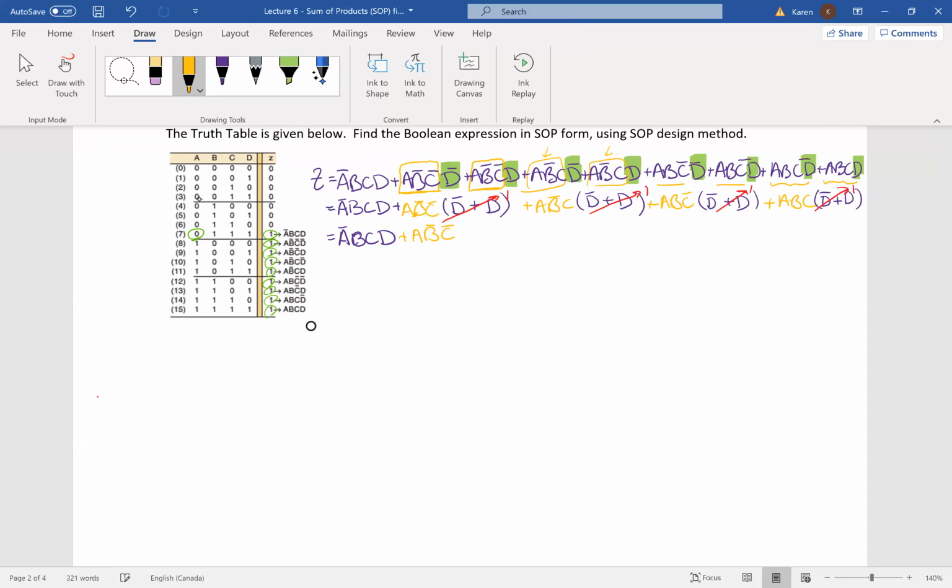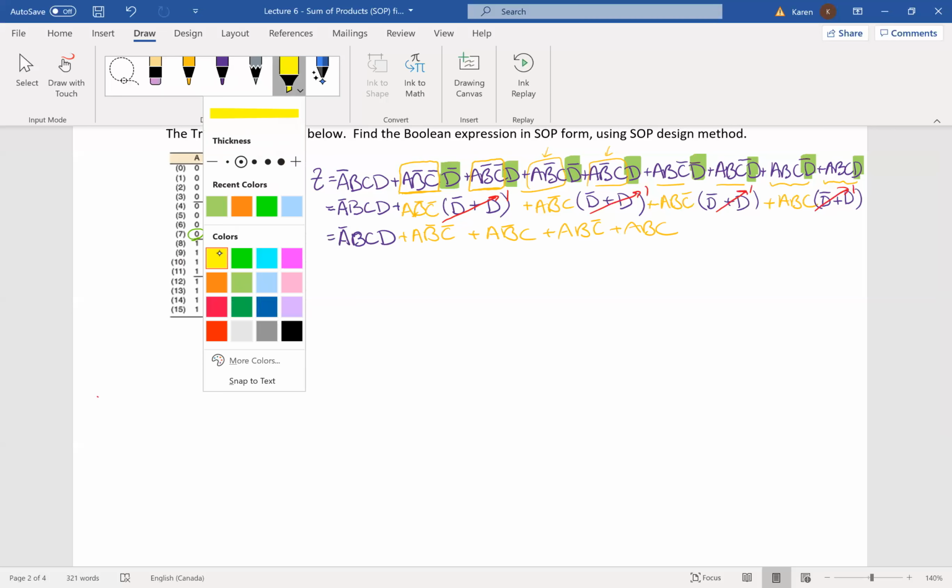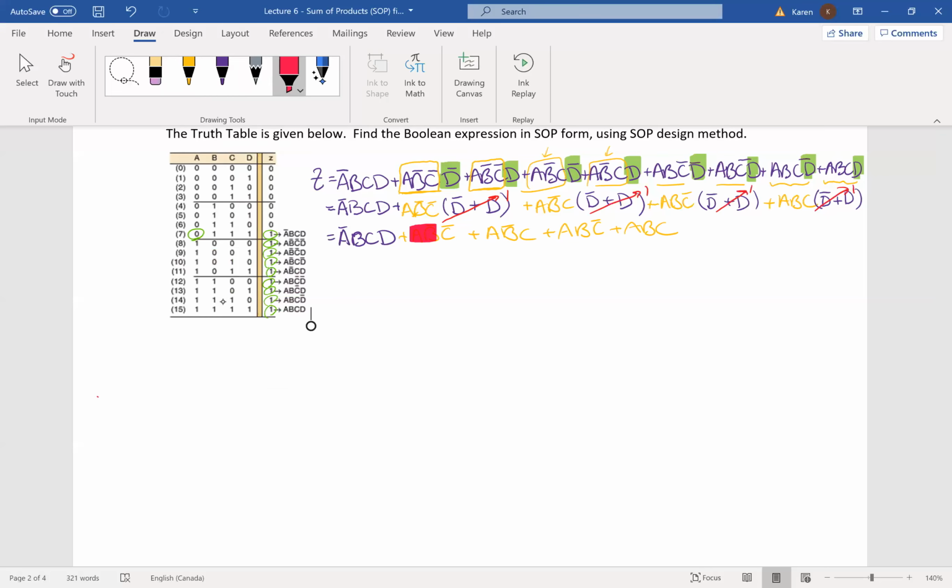And if you're not following this, then I do recommend going back to the simplification lectures. So there we go. We have simplified the terms considerably here. And now I see some more common factors. Let's see if this works. Nope. I see AB.